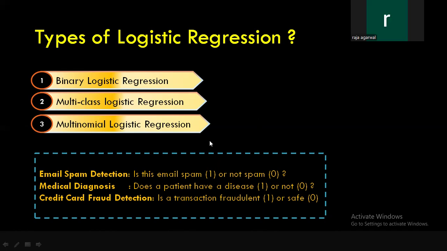For example, predicting a person's mood, something like happy, sad, or excited. So in this, multiple possible emotions are there, right? In binary logistic regression, you are predicting either yes or no. Multi-class is for different categories, and multinomial always has overlaps. Remember this.